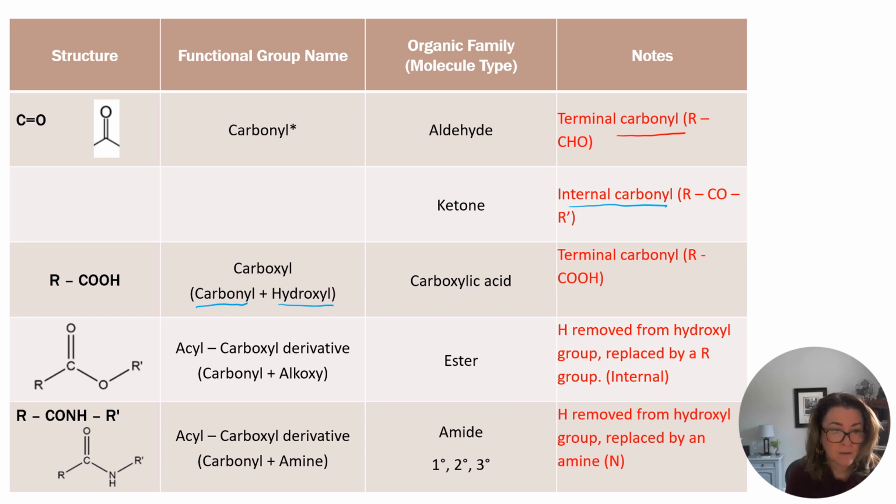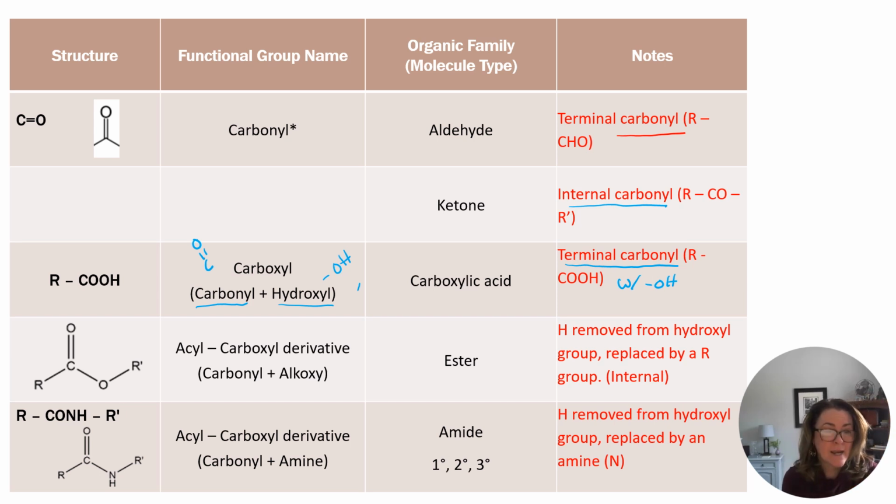So carbonyl, we know this is a carbon double bonded oxygen, and our hydroxyl, we know, is an OH group. Combined, this molecular type or organic family is a carboxylic acid, and again, this is going to have to be a terminal carbonyl, but in addition to that, it has to have that OH group.